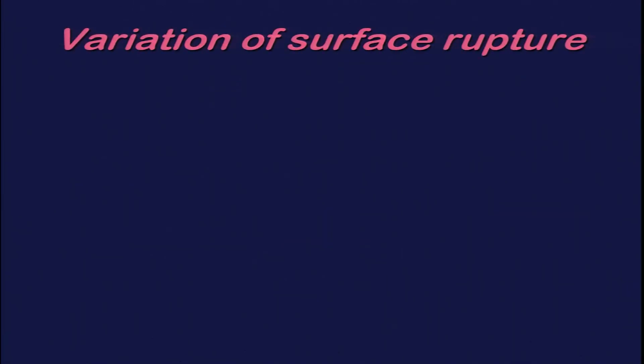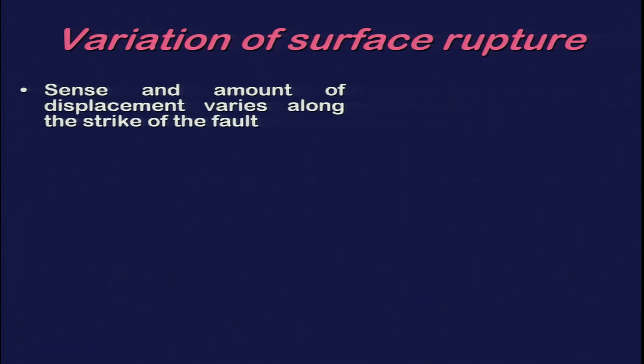Now, variation in surface rupture, since the amount of displacement varies along the strike of the fault. This part which we are discussing will be the same or similar in other faulting environments also. That is, the sense and amount of displacement will not be the same all along the strike of the fault.